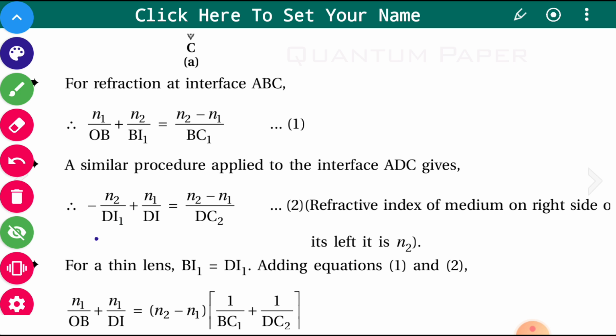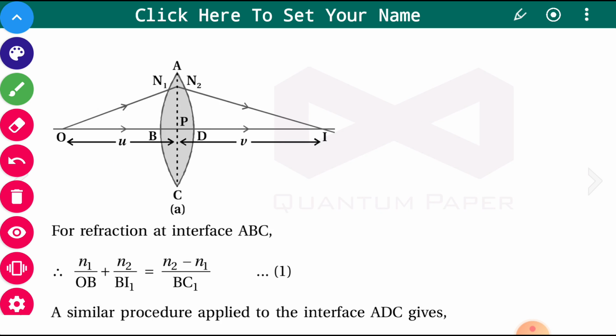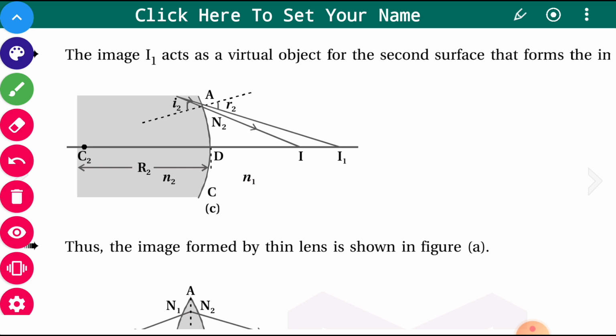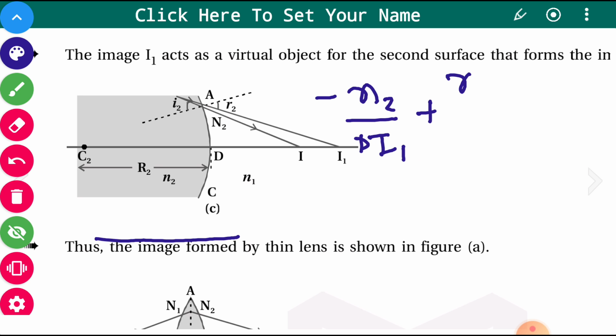So try to understand now, minus n2 upon dI1. Now why dI1 have we taken? Because dI1 is the object distance. So I am writing that equation, minus n2 upon dI1 plus, now the rays are moving from denser to rarer, so n1 upon the final image distance, that is dI, is equal to, now that n2 minus n1 earlier we have written, now it will become n1 minus n2.